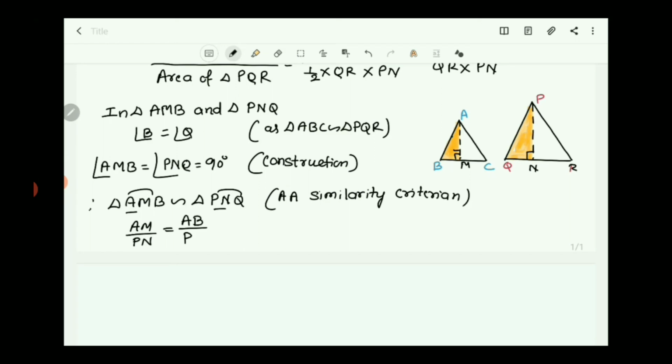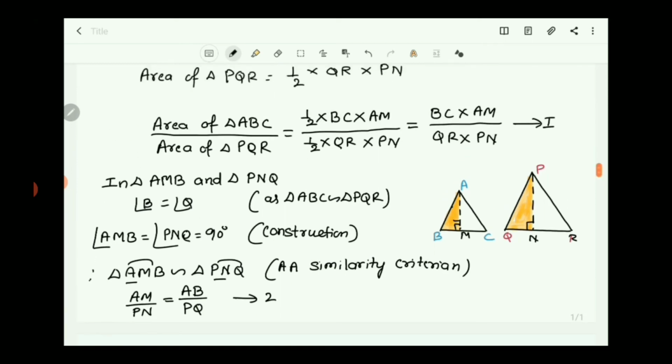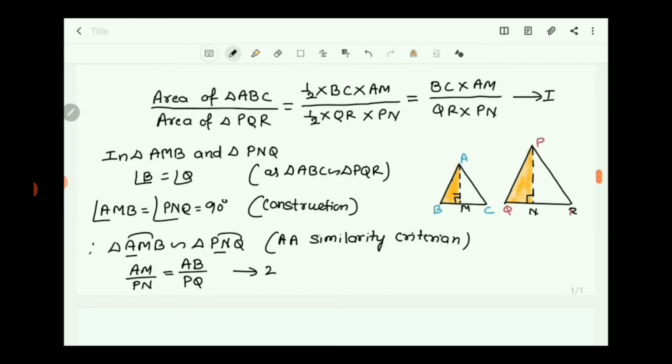AB by PQ. Why is it so? Because the ratio of the corresponding sides of similar triangles are equal. You consider this as second, and here you have taken first.